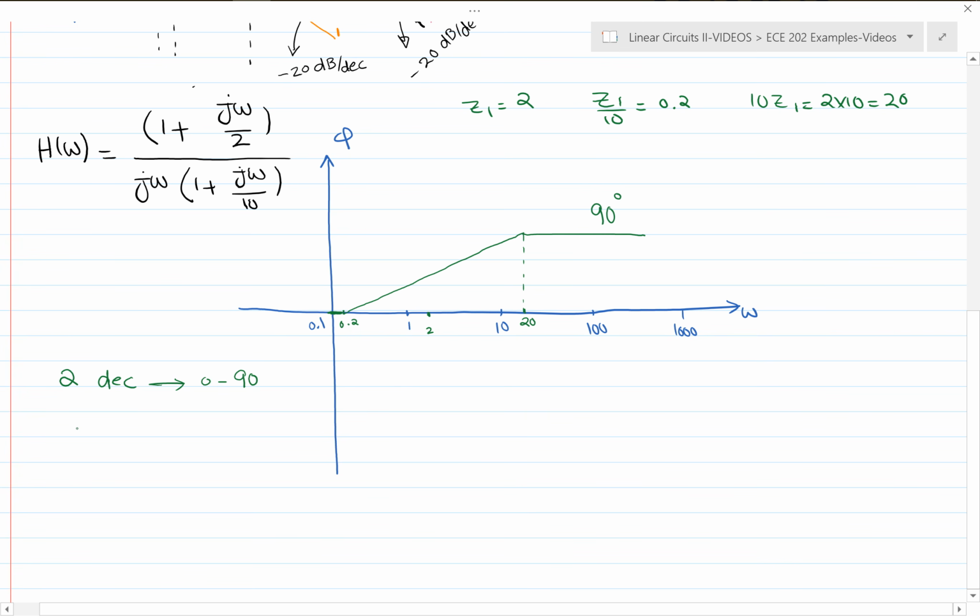So we can easily say that in 1 decade, we would go from 0 to 45 degrees. So this plot has a slope of 45 degrees per decade. For sure it's not accurate here, but at 2, we're going to have 45 degrees.